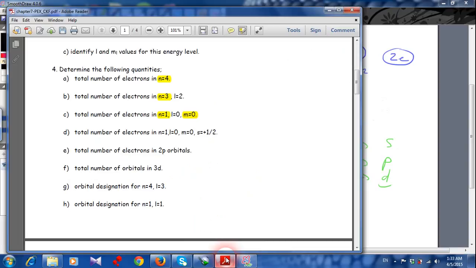The question is the total number of electrons with n equal to 1, l equal to 0, ml equal to 0, and ms equal to positive 1/2.